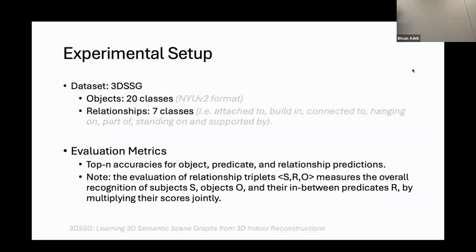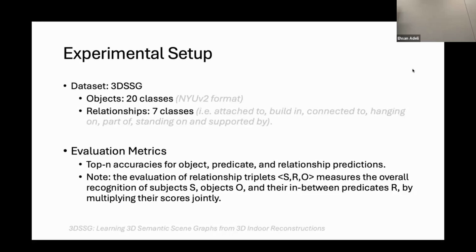For the experimental setup, we first select the 3D SSG as our evaluation dataset, which consists of 20 class objects of NYU N2 format and 7 class relationships, such as attached to, built in, and supported by.